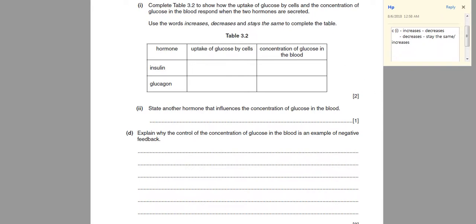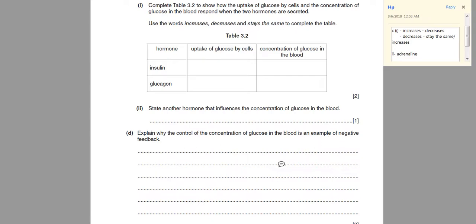So this is the answer for C2, and that is adrenaline. Understand?